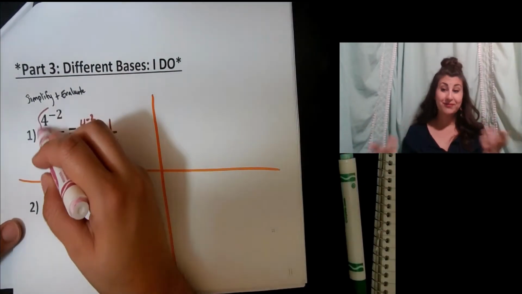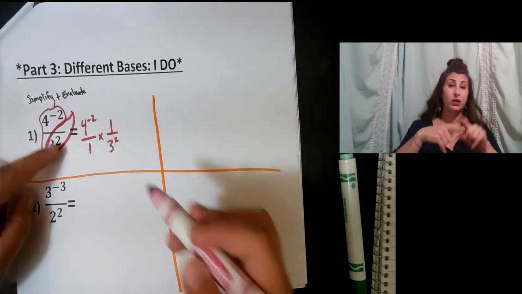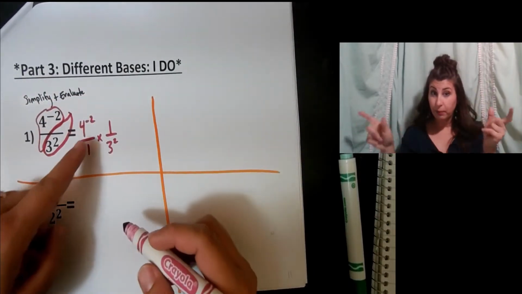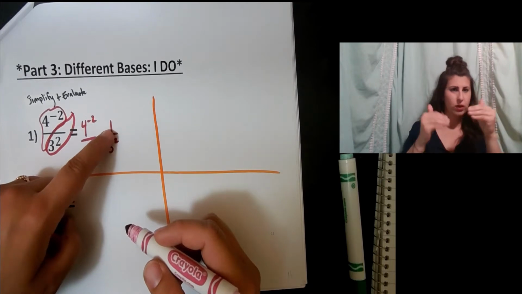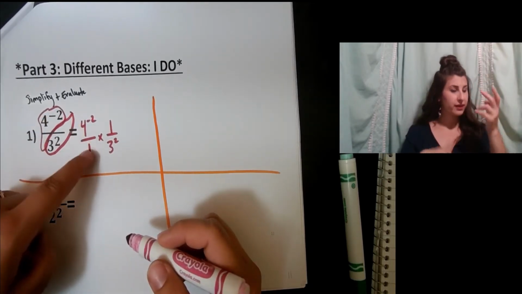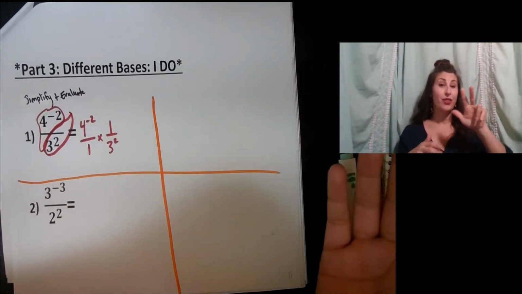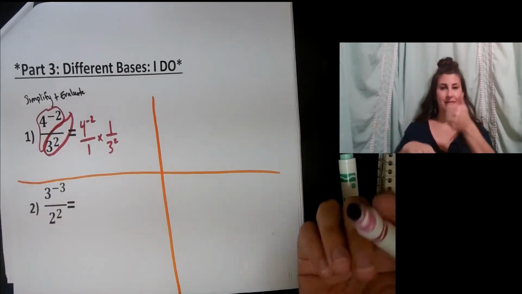I said 4 to the negative second over 1, and then 1 over 3 squared. Because if I multiply them and put them back, 4 to the negative second times 1 is just 4 to the negative second. 1 times 3 squared is just 3 squared. I get the same answer back. So I'm not really changing anything, just the format of it.